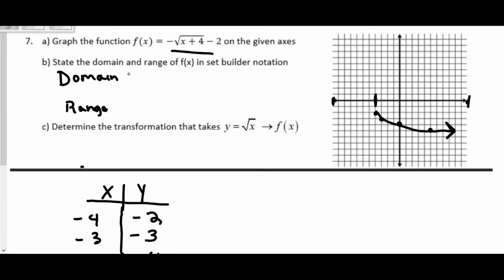So our function begins at x equals negative 4, and it goes on and on and encompasses all of these x values, and it keeps going pretty much forever. So it goes on to infinity. So our domain is the values of x such that x is greater than or equal to negative 4. So it includes all those values bigger than negative 4. Anything smaller than negative 4, like on this side, isn't included because our function is not defined there.